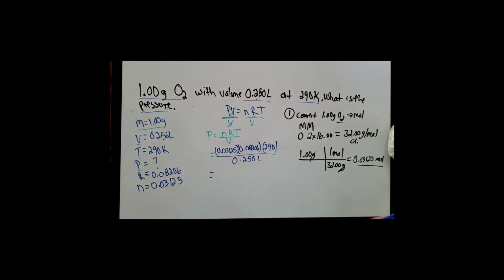And I get, after all that work, a pressure of, how many sig figs are we looking at? Just the 2 from here. So it's 2.97, so it would round up to 3.0 atm.